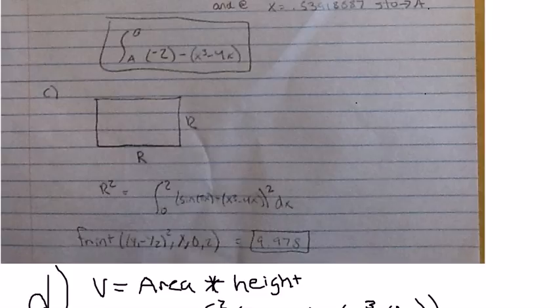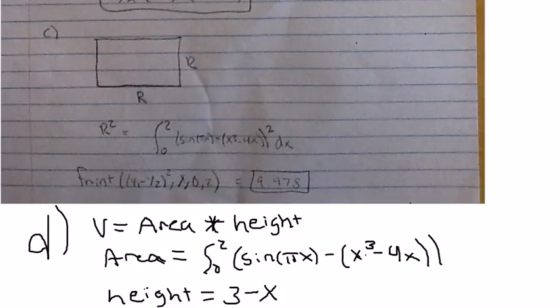So once again, the integral from 0 to 2 of sine of pi x minus x cubed minus 4x, all squared, dx. Then we can put that in our calculator to find the actual volume, which is fnInt of (y1 minus y2) squared, comma x, comma 0, comma 2, equals 9.978.